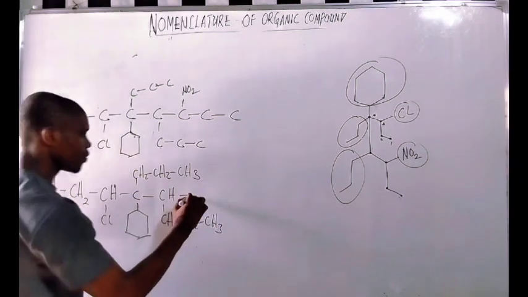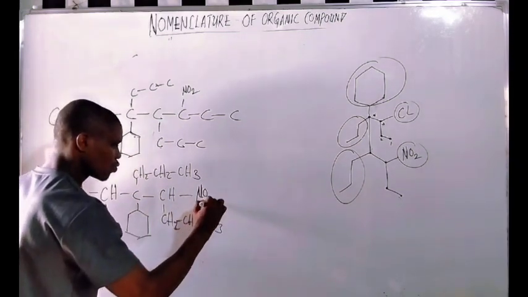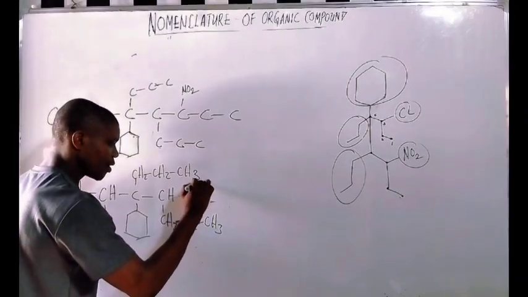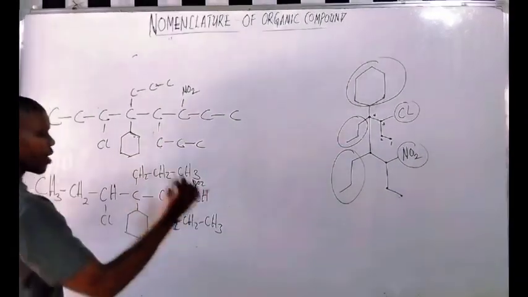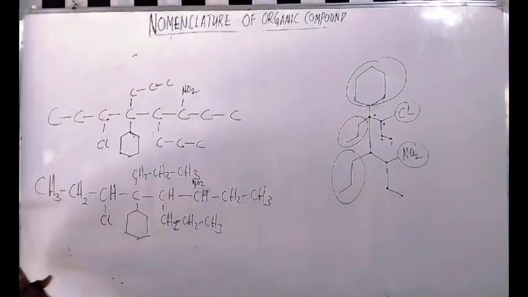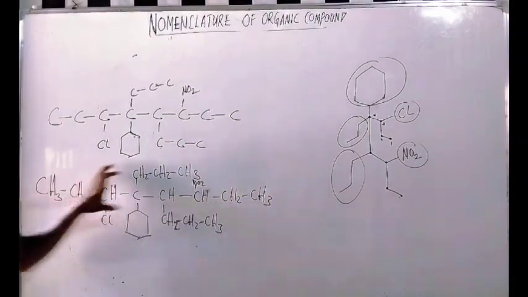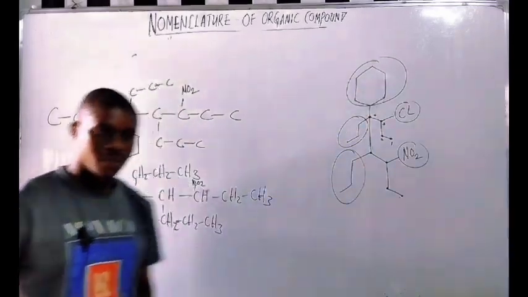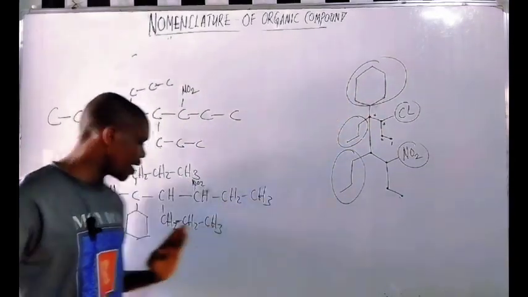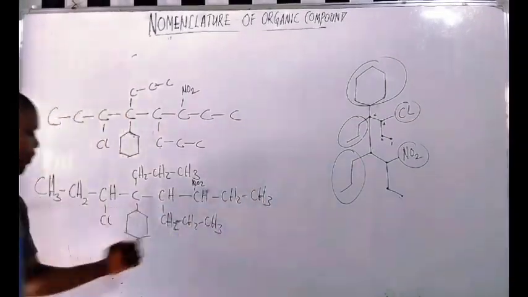Now here we have CHNO2, right? So we have CH2 and CH3. So now this structure you are seeing here is the same as this one here. So how do we name this structure here?